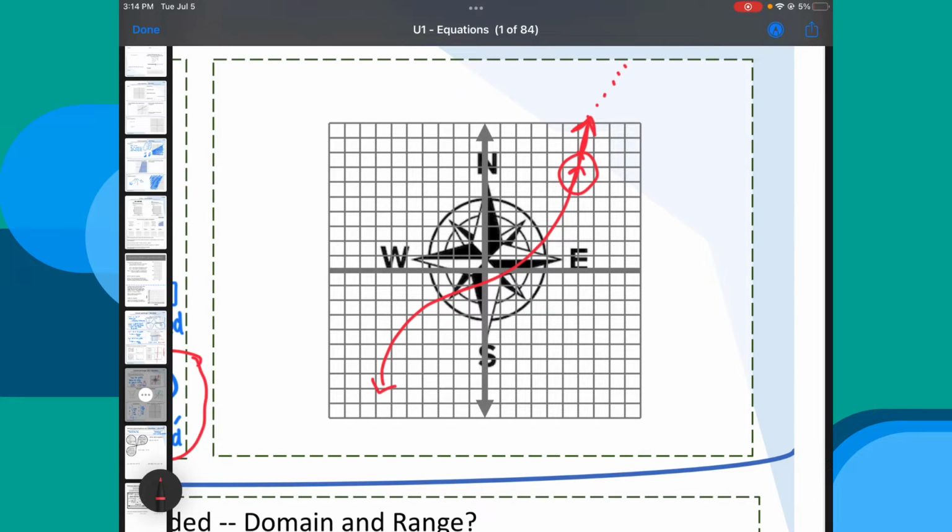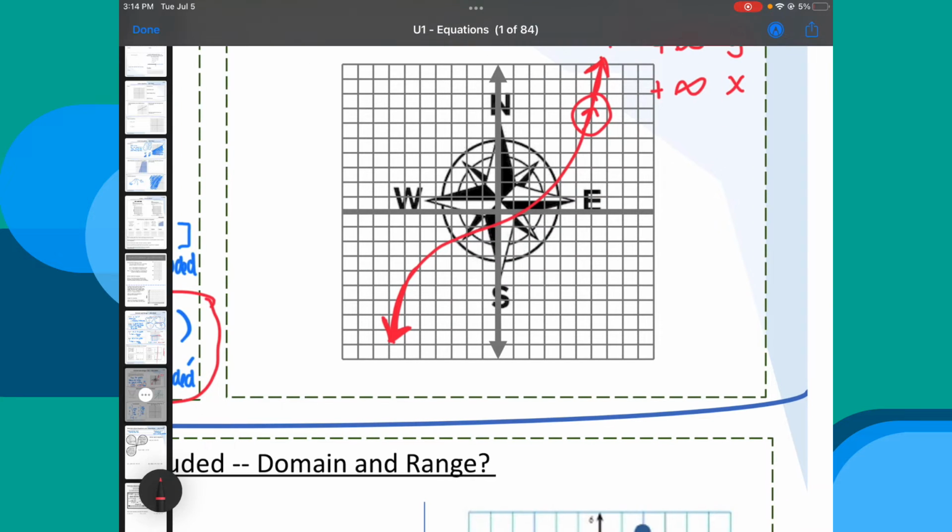So we would say that this line is going positive in the y direction. It's also going positive in the x direction. This part of our graph is going down. In the y direction, it's going to negative infinity. It's also going to negative infinity in the x direction since the graph keeps getting wider and wider and wider. This is like if we would say we were going southwest. We're moving south, but we're also going to the west a little bit.